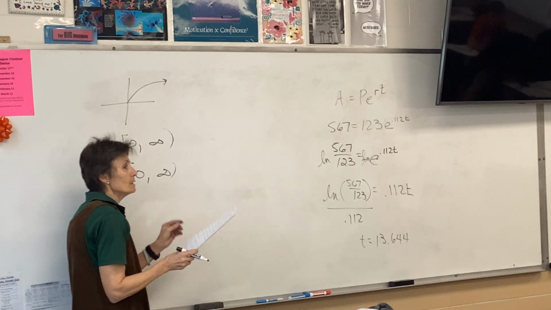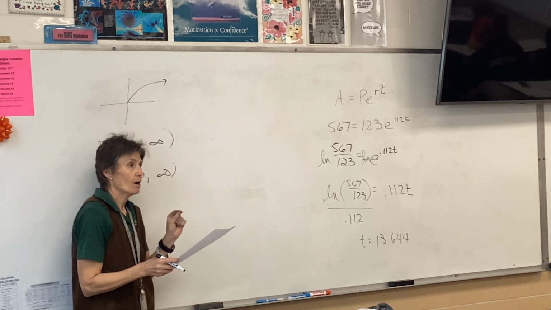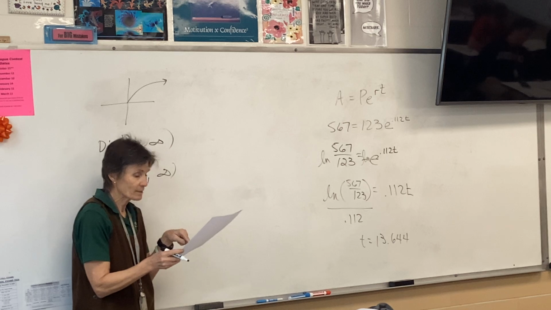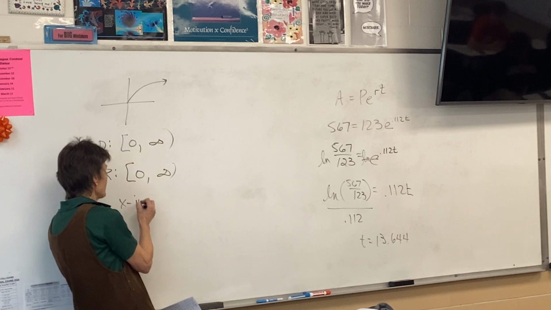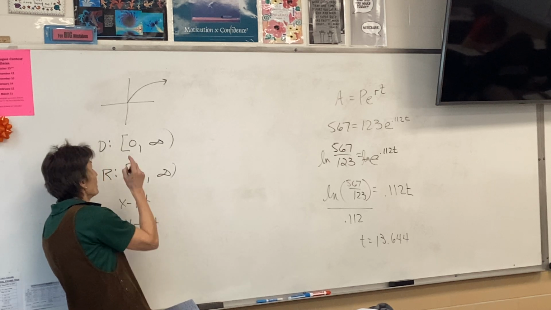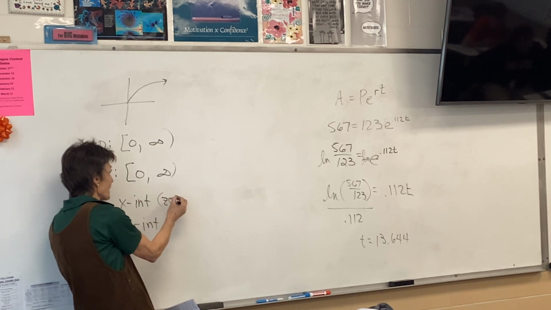Now, zeros are x-intercepts, right? So this says zeros and intercepts. Well, the zeros are the x-intercepts. And then, of course, we still have the y-intercept. But look at your picture. Where are the zeros or the x-intercepts?